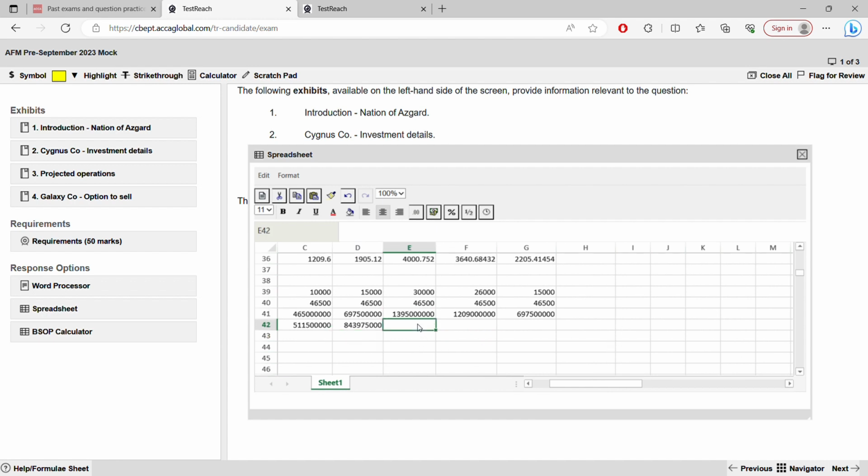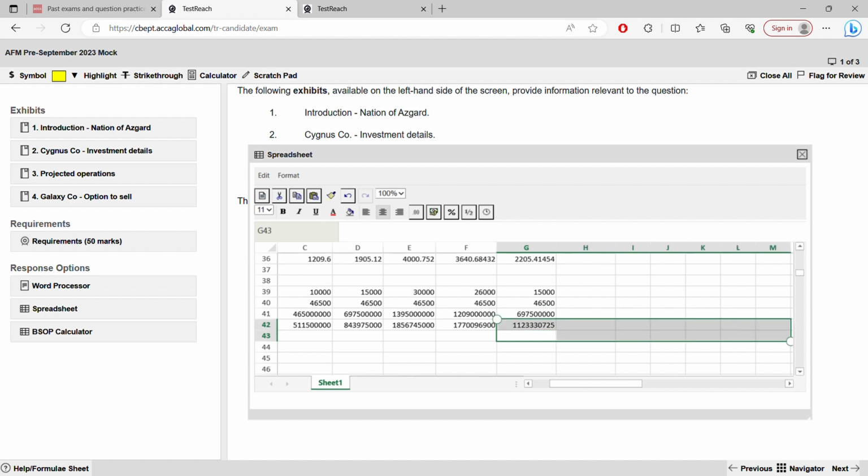Then here 1.1 to the power 3. You need to be a little fast when you're typing. So this into 1.1 to the power 4. And here this into 1.1 to the power 5. Enter.